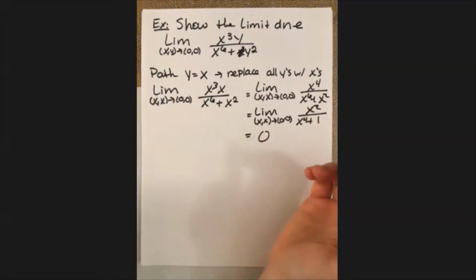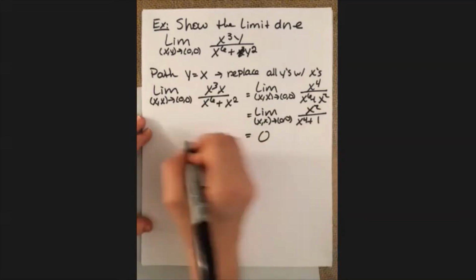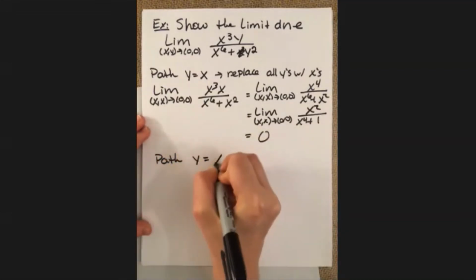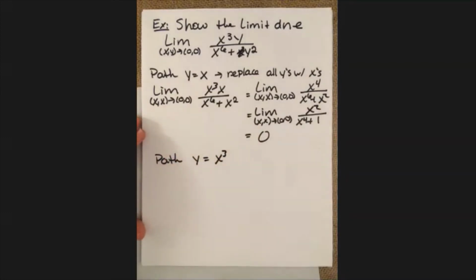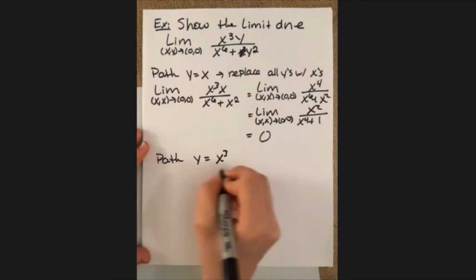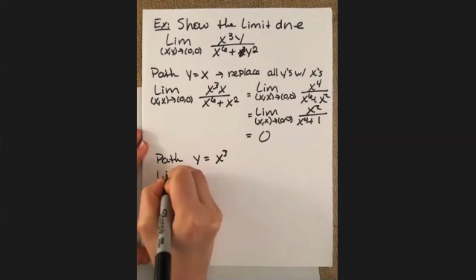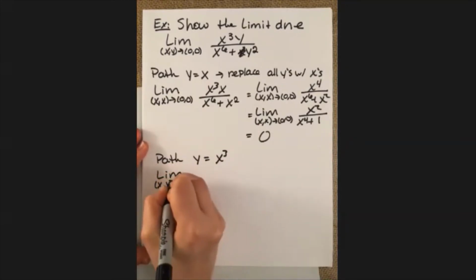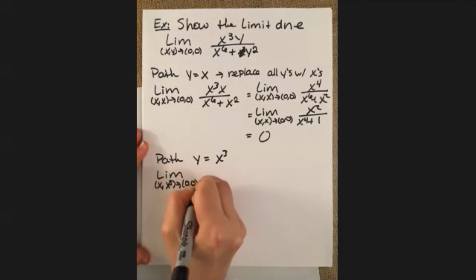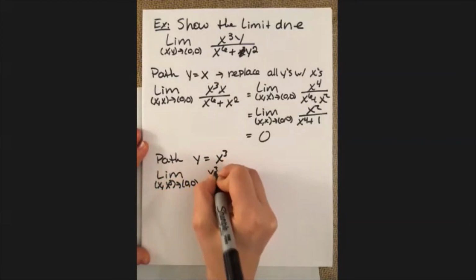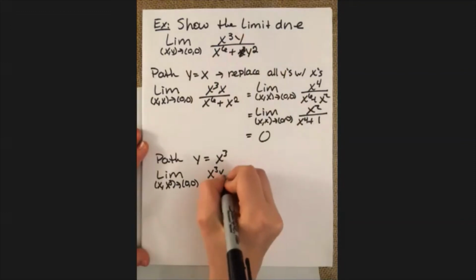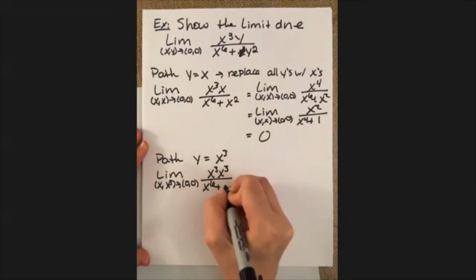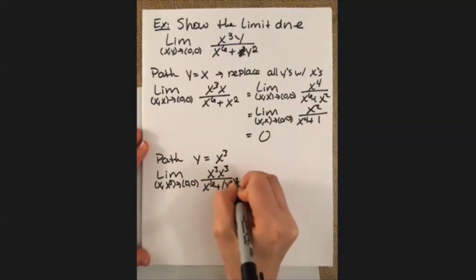And one maybe kind of quirky direction is the y equals x cubed direction, okay? So if we plug in x cubed for all the y's, our function now becomes x cubed times x cubed divided by x to the 6th plus x cubed squared.